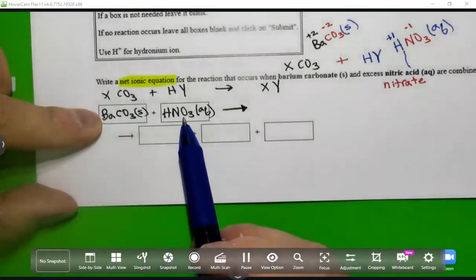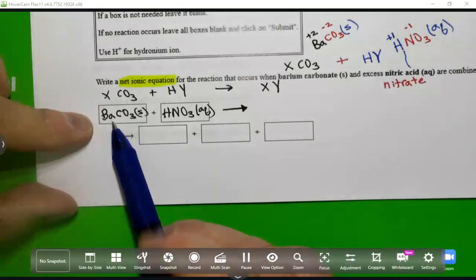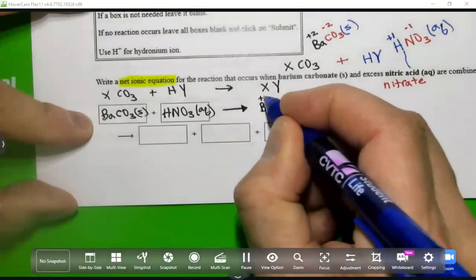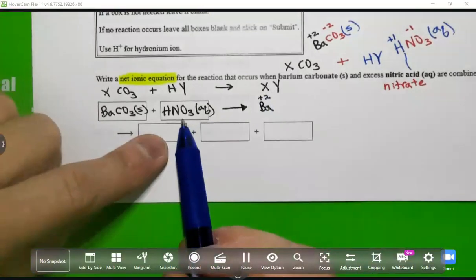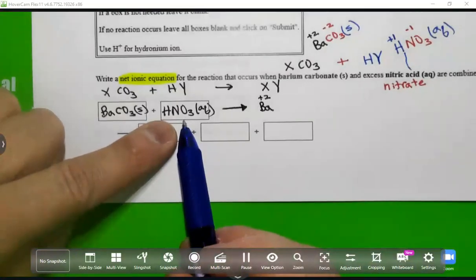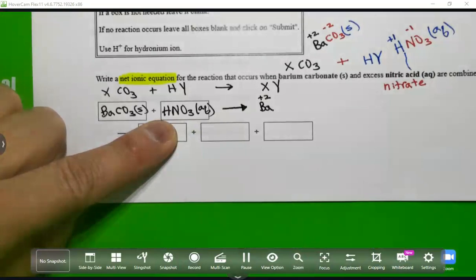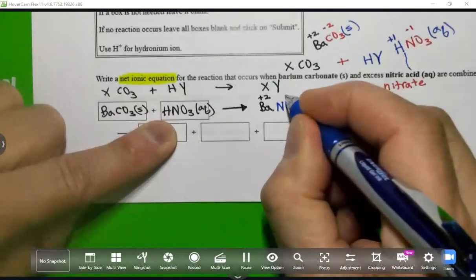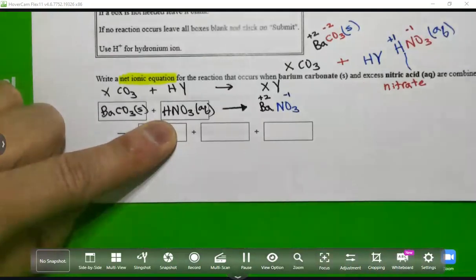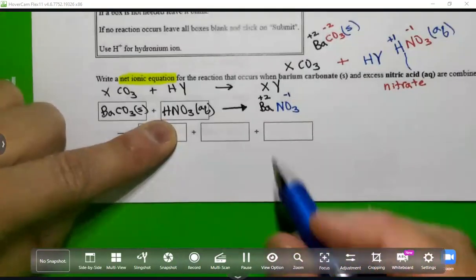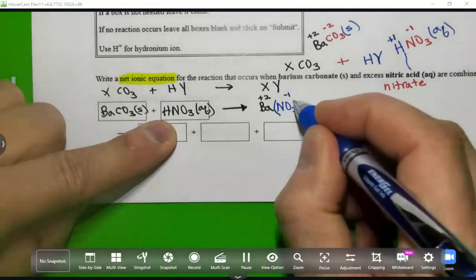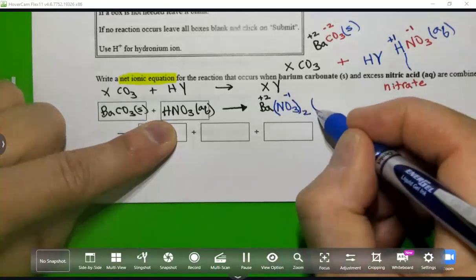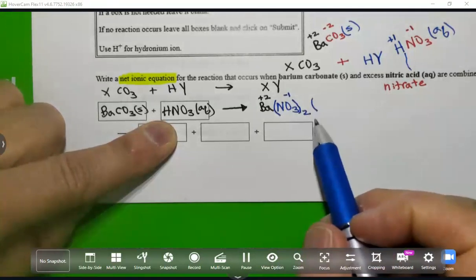So where's my XY? I'm going to get barium. Barium's my X, right? So I'm going to get barium. My Y is nitrate, NO3 minus. So I'm going to need 2 nitrates. Is this going to be aqueous?